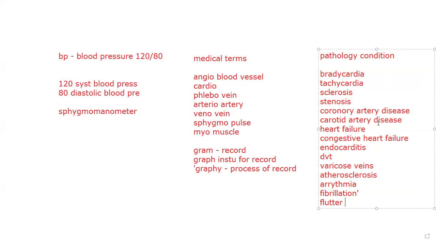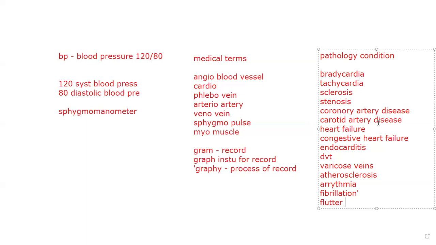When it is unable to supply the required amount of blood to the heart, a heart attack will happen. That is called coronary artery disease. Carotid artery disease: the artery which supplies blood to the brain is the carotid artery. When there is insufficient blood supply to the brain, a stroke will happen. That is called carotid artery disease.